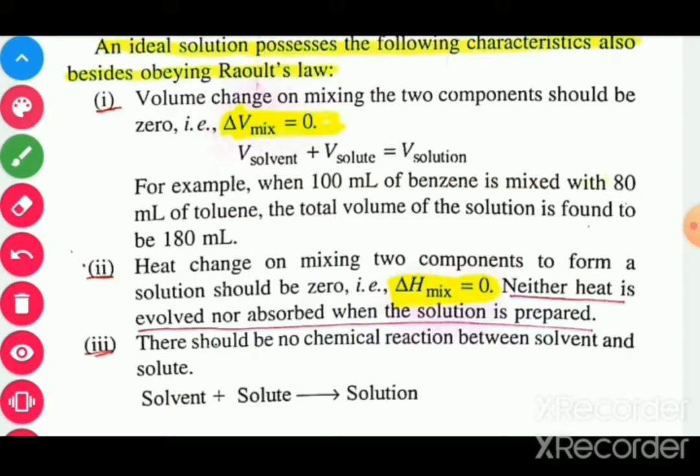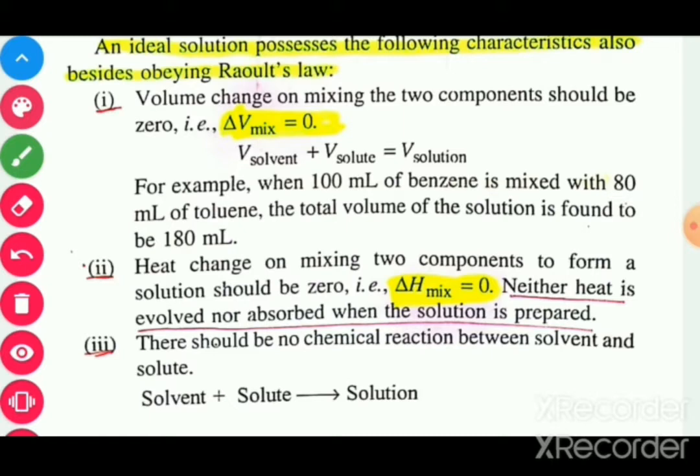After dissolution of both components to form the solution, the volume is also equal to 180 ml. In such a situation, delta V is equal to 0 because the volume of solute and solvent before the solution is equal to the volume of solute and solvent in the mixture, that is, in the solution.